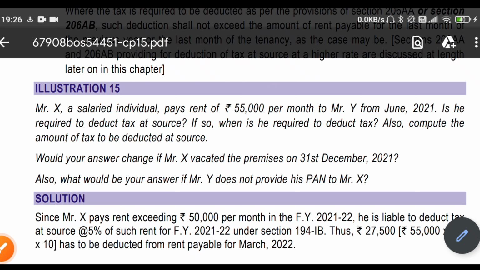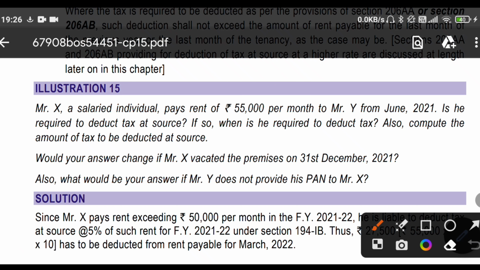So 194I cannot be attracted, but 194IB will attract, because in case of 194IB, no TDS on rent if per month rent or part of the month is up to 50,000, okay.